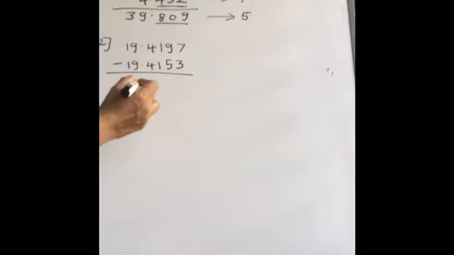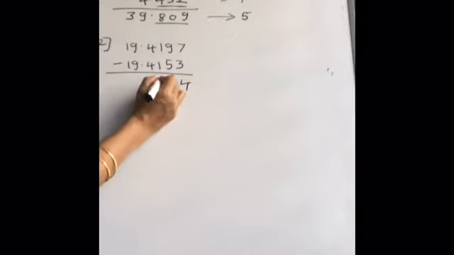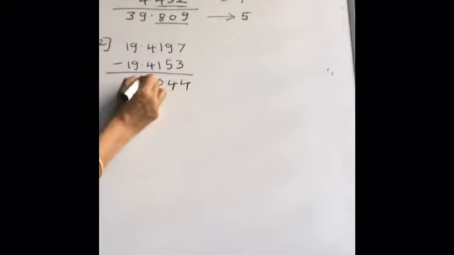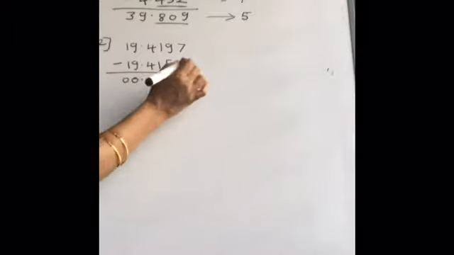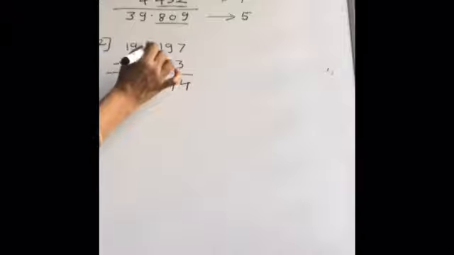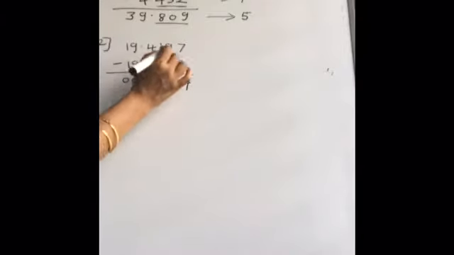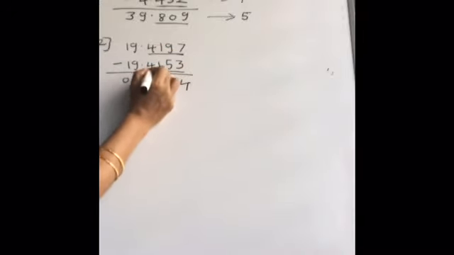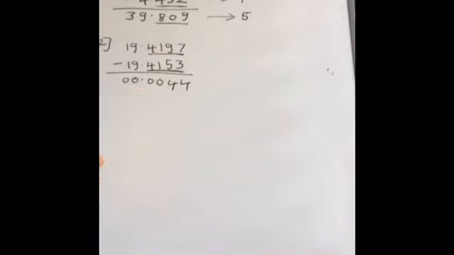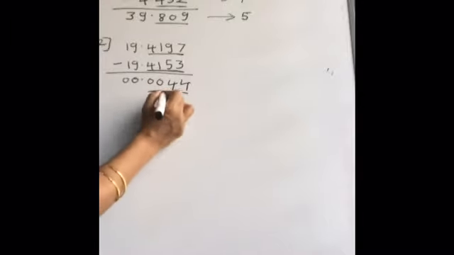If you make the subtraction, here it is 0.0044. Our first rule is to find the least number of digits after decimal. Here they are 4, here also 4. So our answer should have 4 digits after decimal.